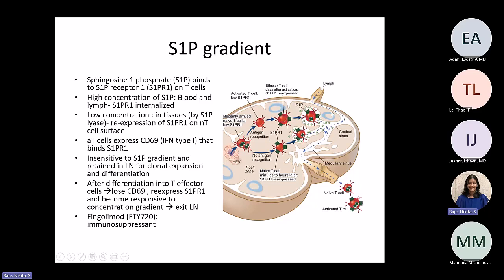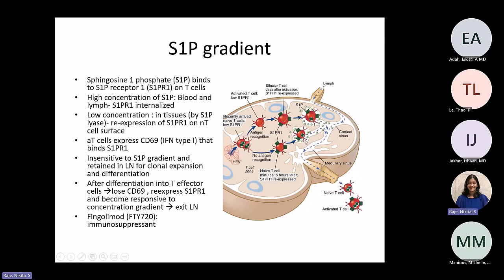So instead of moving out of that high concentration and then out of the lymph node, they become insensitive to the gradient, so they are retained in the lymph node for a longer time. Those activated T cells are going to stay there, undergo expansion, proliferation, and then differentiate.